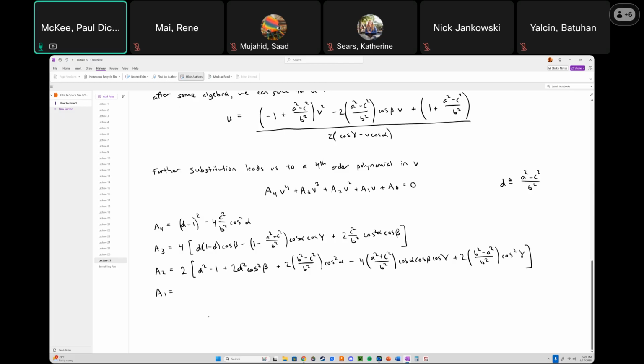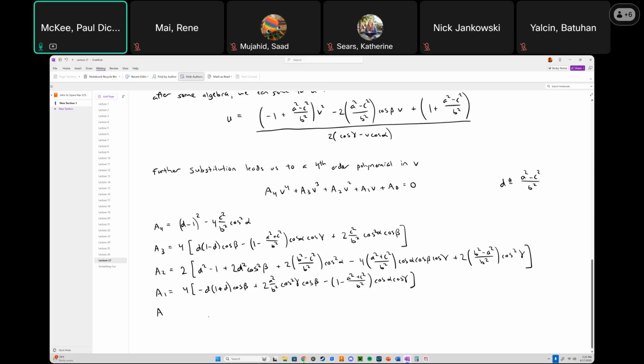A1 is about as bad as A3. It's going to be 4 times negative d times (1 plus d) cosine of beta plus 2 a squared over b squared, cosine squared of gamma, cosine of beta, minus, and then in parentheses, (1 minus a squared plus c squared over b squared) cosine of alpha, cosine of gamma.